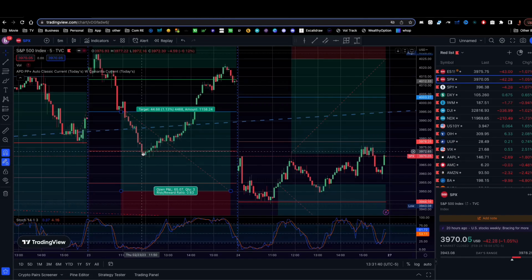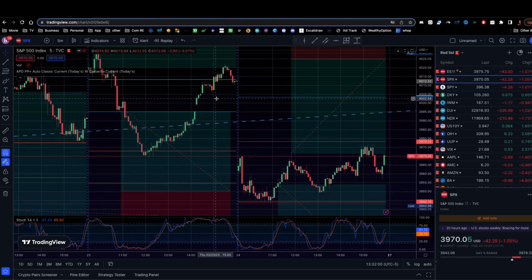It went through it a little bit, but it eventually did honor this particular area. It's not an exact science, so it could go through it a little bit or away from it a little bit. But I wanted to see if it was going to honor this zone, and it did. Therefore, I stayed in the trade, and it worked out.